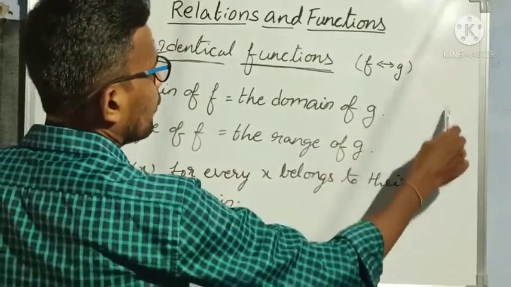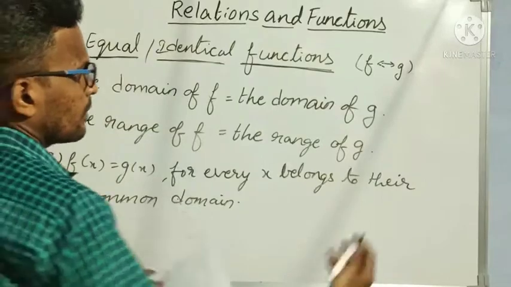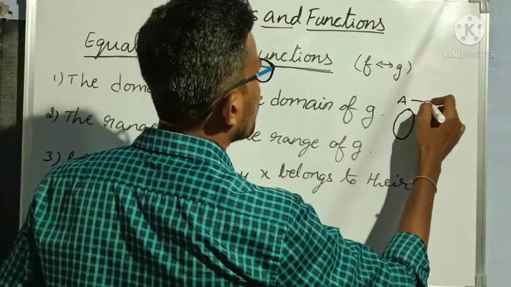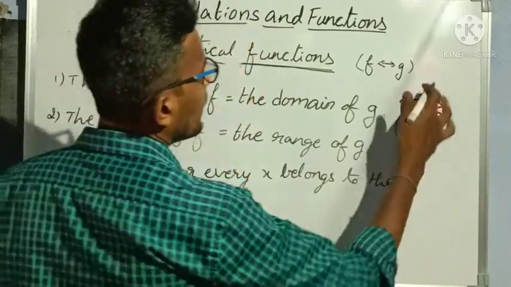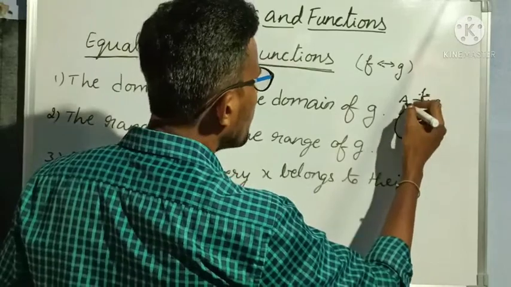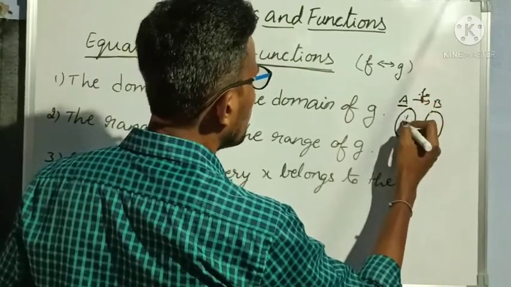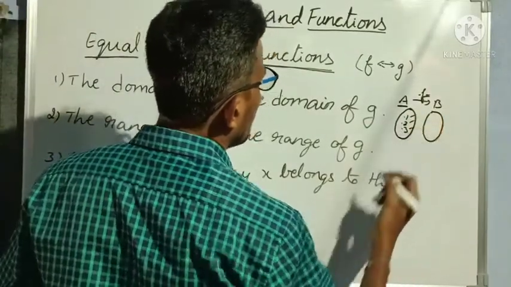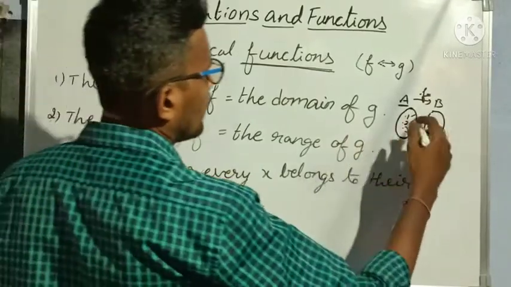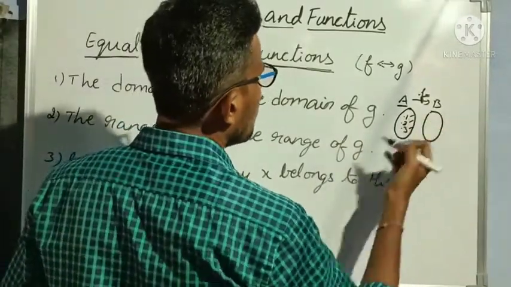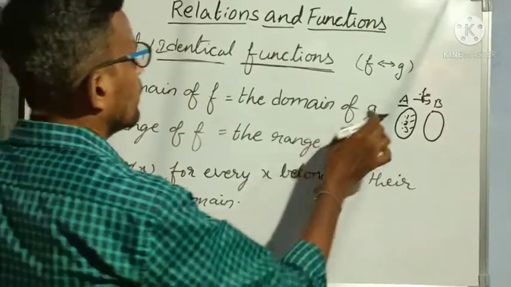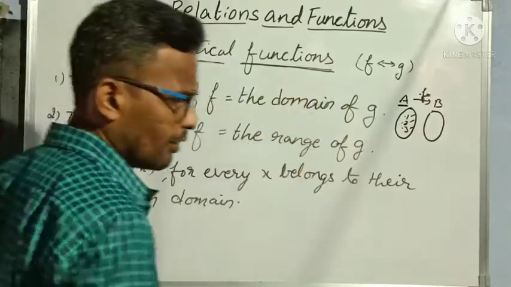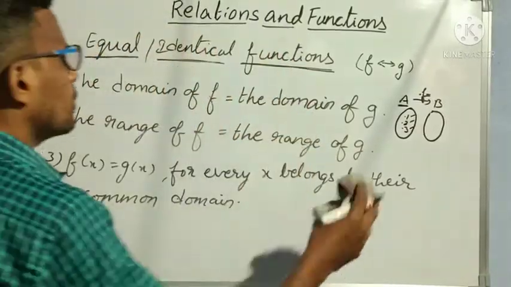Suppose a function f is defined from A to B. Domain means the values of the set A. Suppose 1, 2, 3 are the values of the set A. Each element we are giving is called the domain, and it belongs to the set A. In function g also, the domain of g should be equal to the domain of f. That is the first condition to be satisfied.